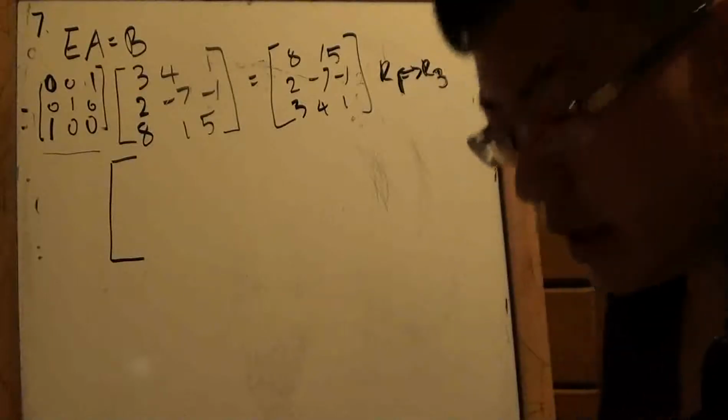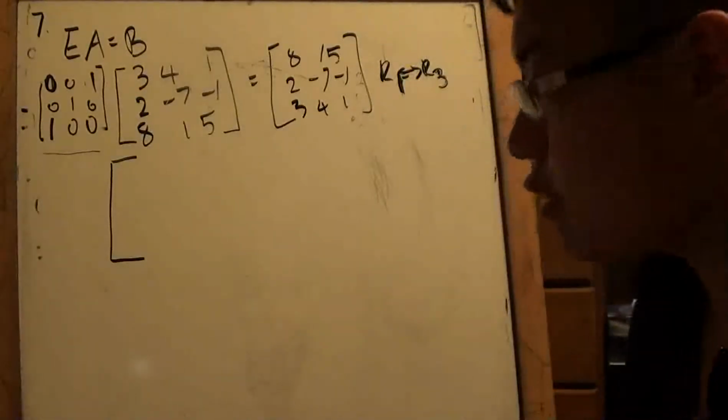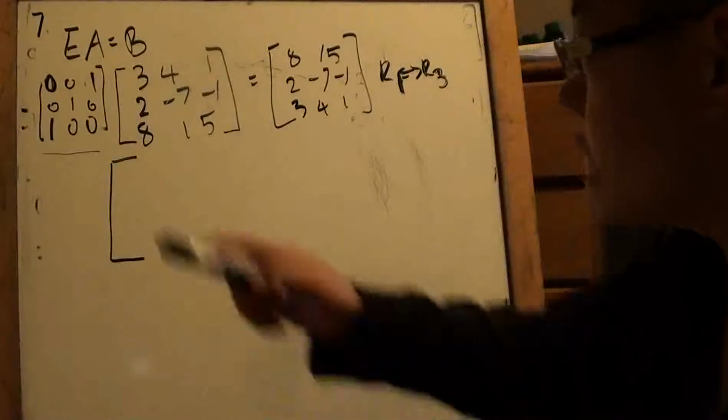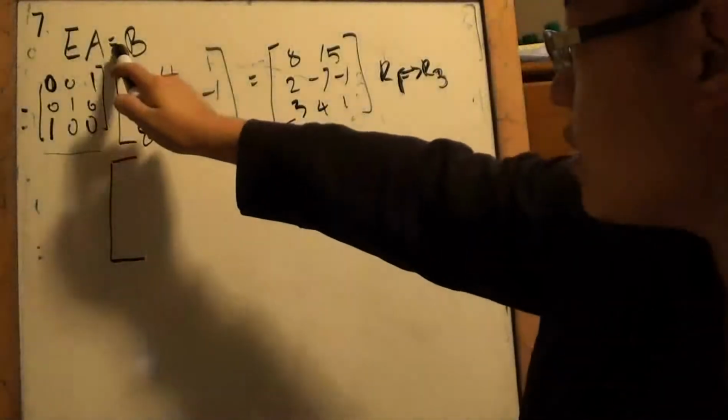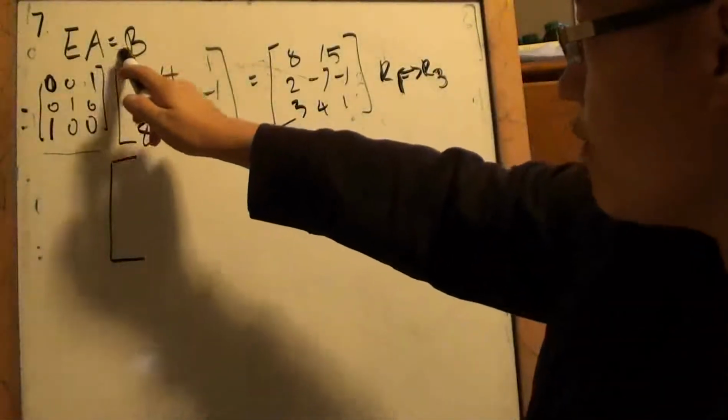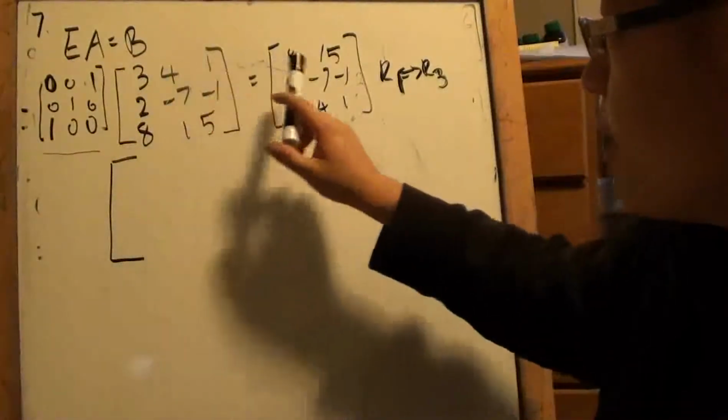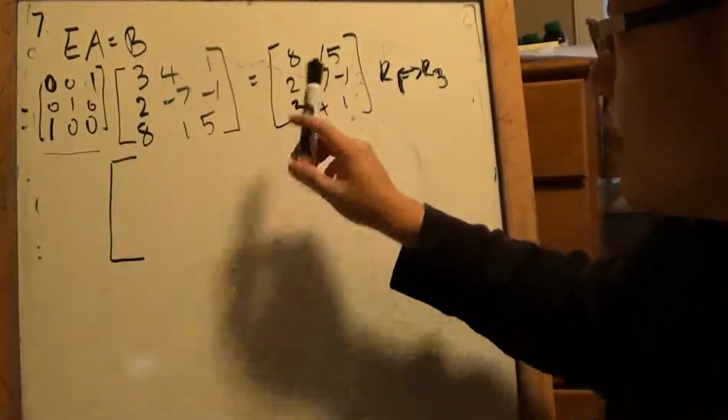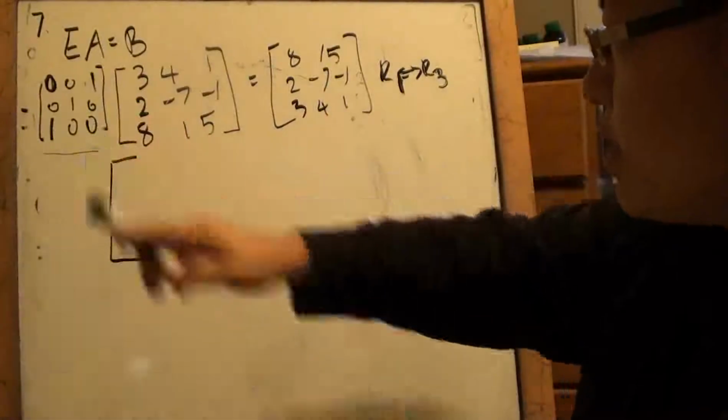That's what I meant when I said inverse, right? So for example, 7a, E times A gives you B, and they give you A and B. So this is matrix A, this is matrix B, and this is matrix E.